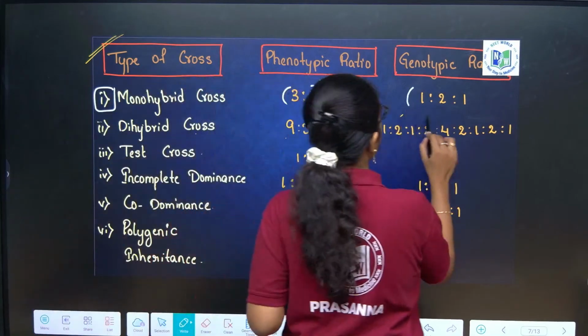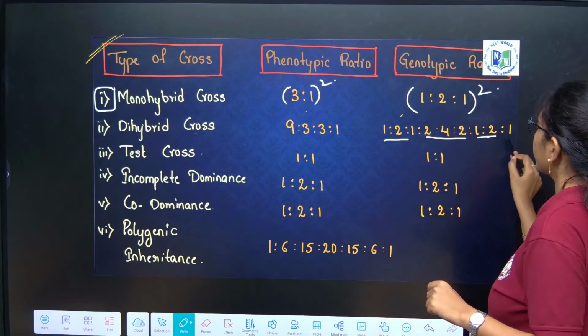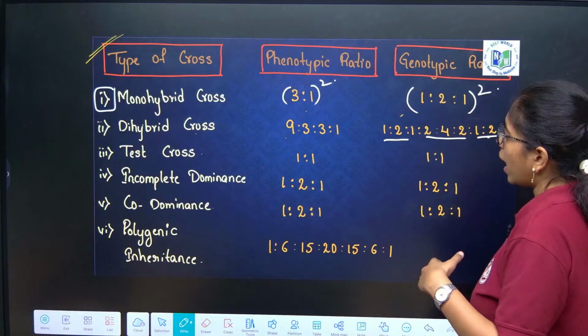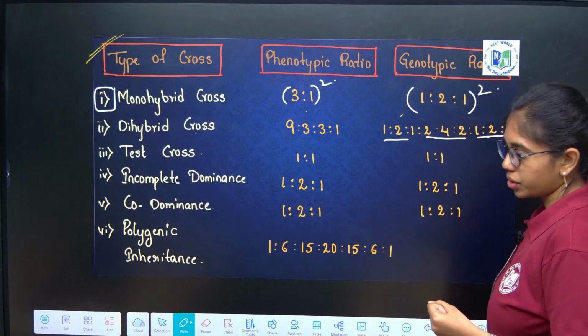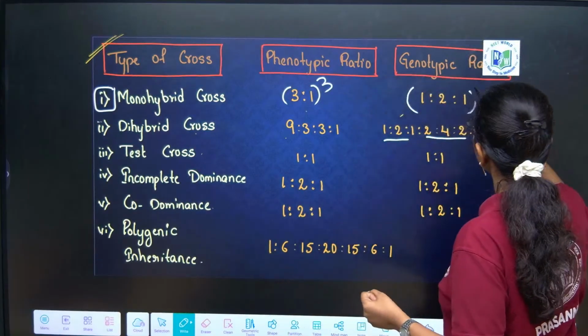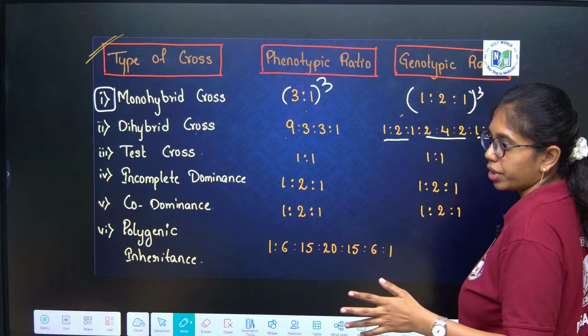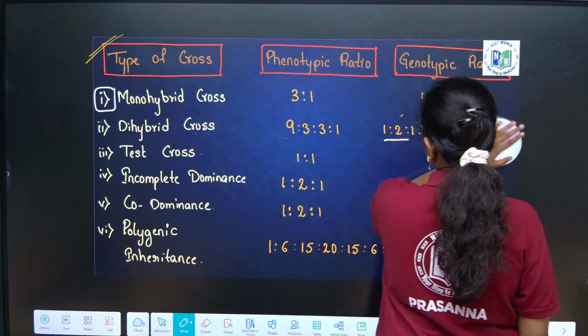Just square 1:2:1, you will get the genotypic ratio. For trihybrid cross, if the question comes, just cube this. You will get the phenotypic and genotypic ratio. That is a small trick.